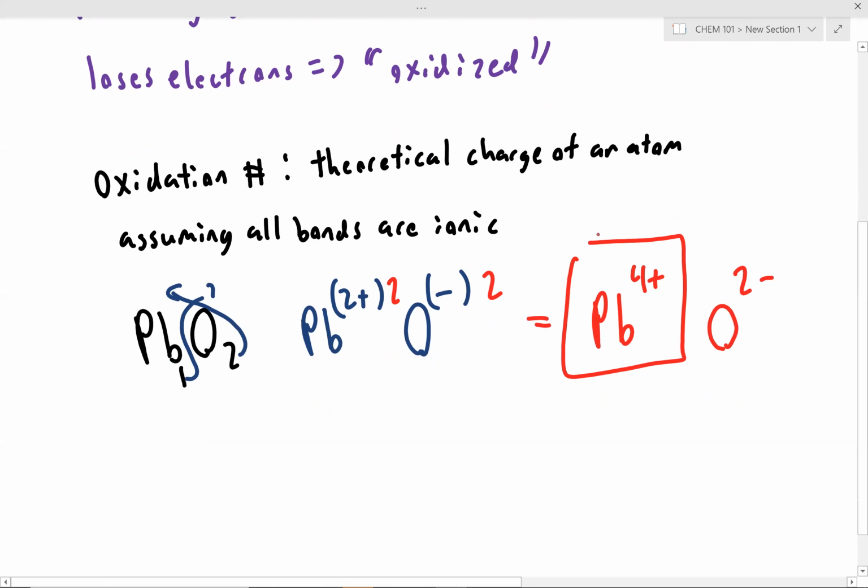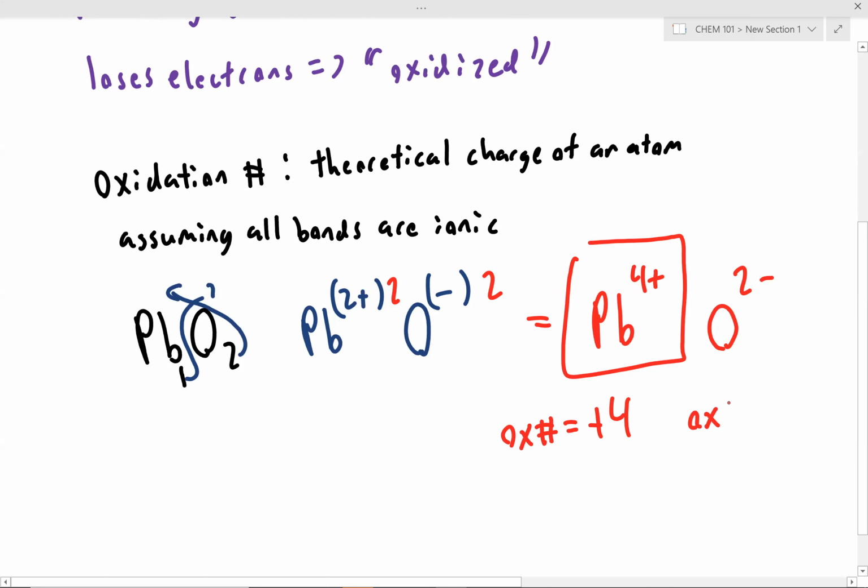Now, the key feature of this: we've assigned the charge of lead in this compound to be 4+. So if the oxidation number is the theoretical charge, assuming all bonds are ionic, what is the oxidation number of lead in this case? +4, yeah. So our oxidation number is +4 for lead.